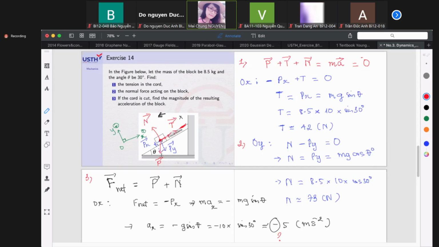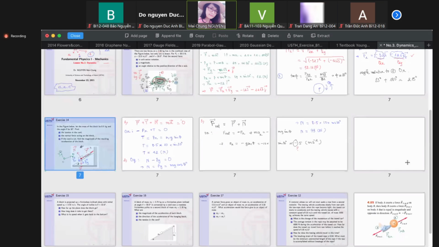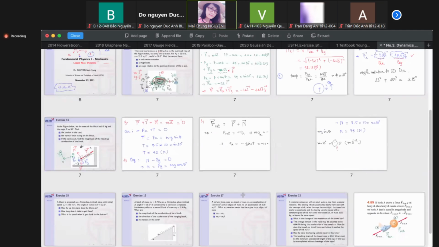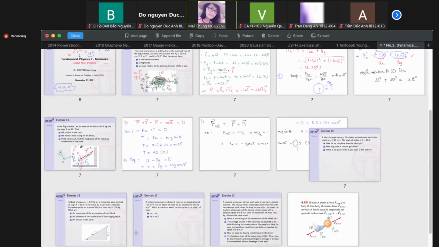And the last step, step number 3, think about which of Newton's laws we need to apply to do the exercise. Is that all? So let's see the next one, exercise 15, please.